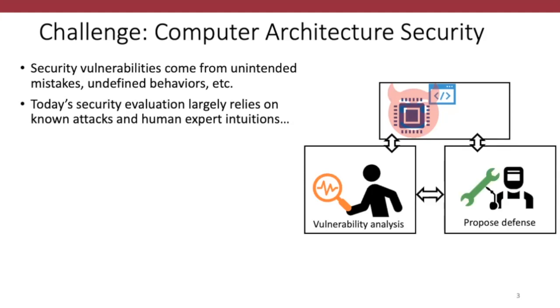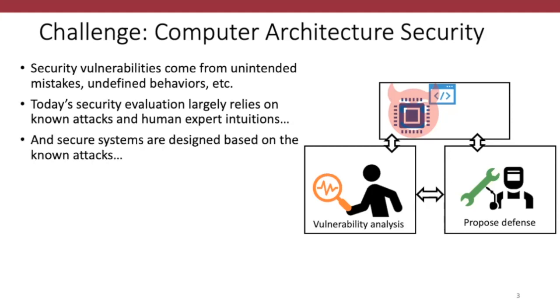Based on the vulnerability, people then start to propose mitigations and defenses. And again, these defenses are designed based on known attacks. So it's kind of a cat and mouse game. In each iteration of such a game, the system becomes more and more secure. However, there could still be vulnerabilities in a system.